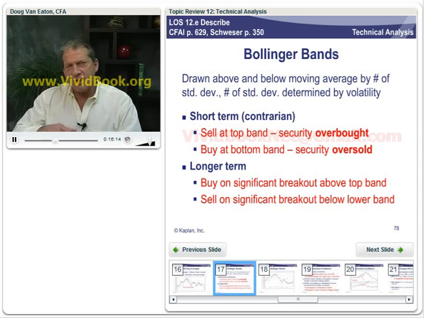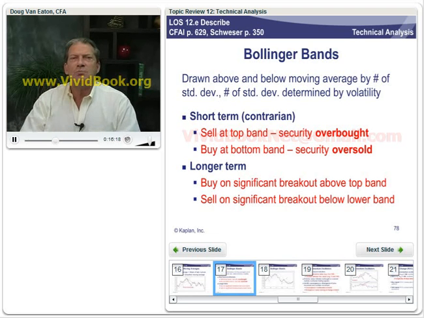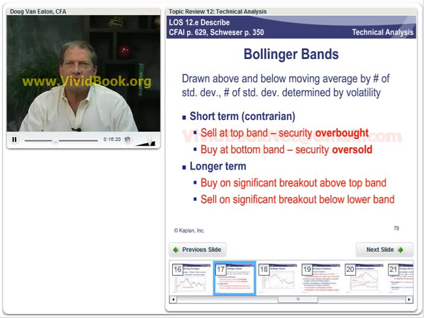So we're kind of measuring the volatility of the stock and looking at the smoothed moving average line. Now, as a short-term indicator, we could sell at the top of the band considering the securities overbought and buy at the bottom of the band considering the securities oversold.